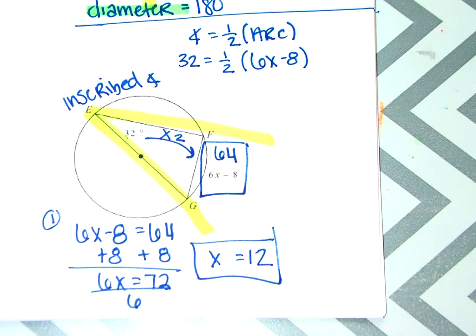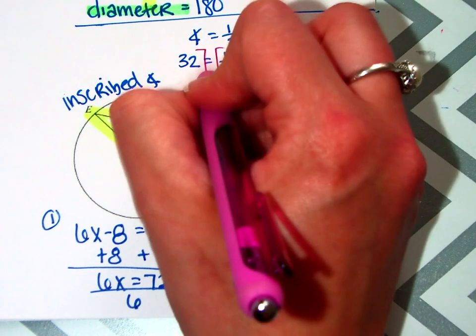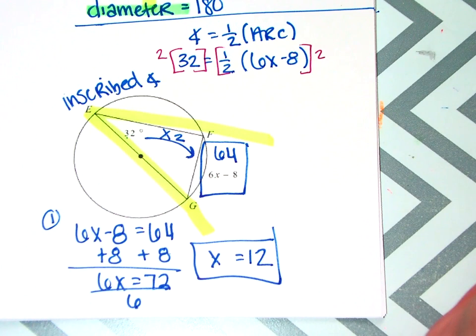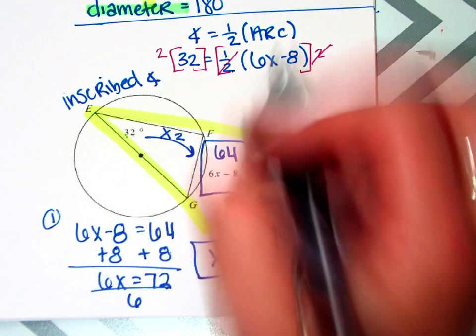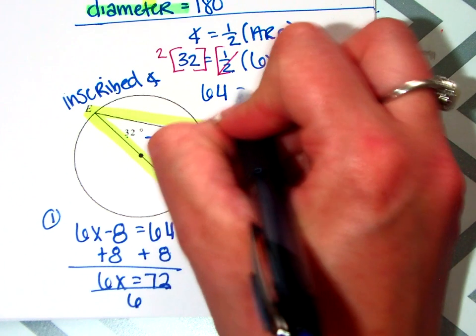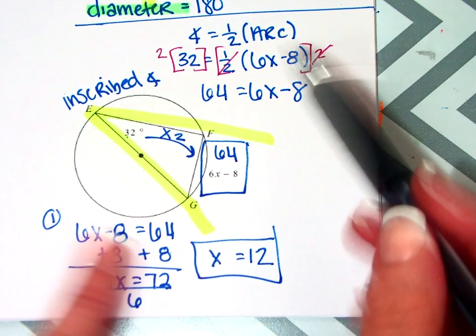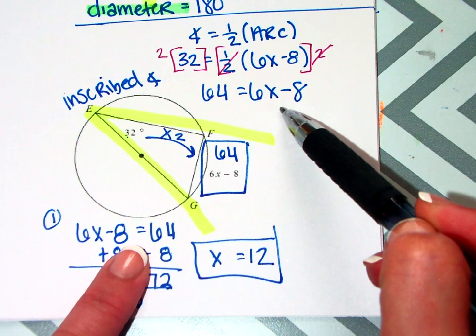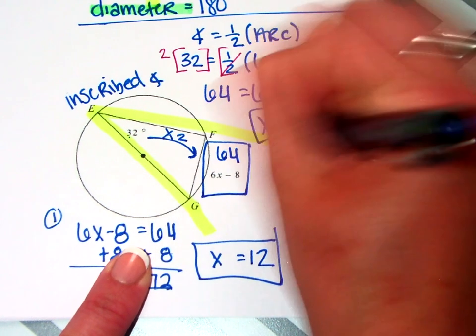Now, instead of distributing the 1/2, I'm going to clear the fraction by multiplying by the denominator, which is 2. The 1/2 and 2 cancel, and I get 2 times 32, which is 64, equals 6x minus 8. And if I pause here, I should notice that these two values are identical to each other, and my answer is going to end up being 12.